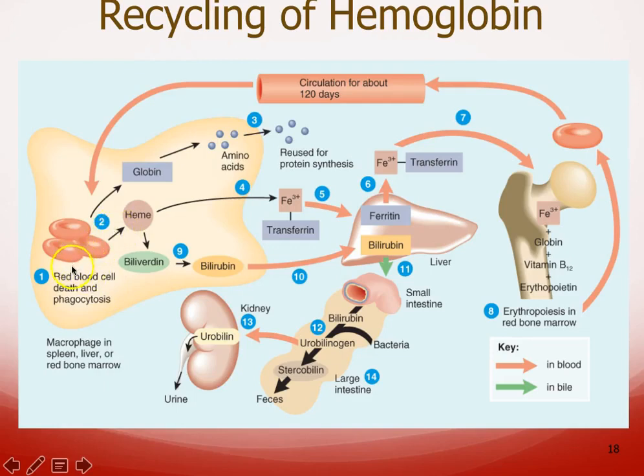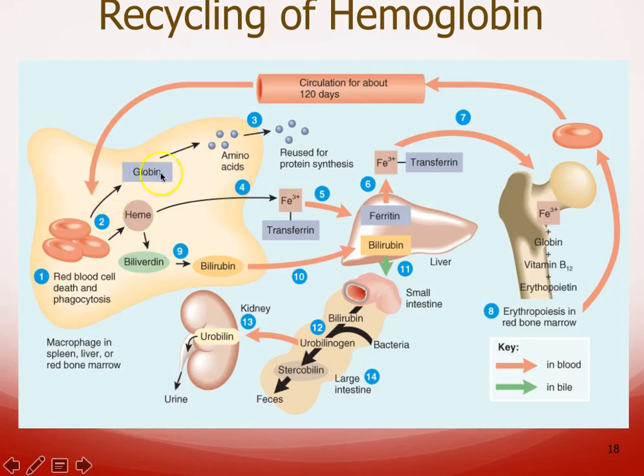So the main part of red blood cells is something called hemoglobin. Okay, so that hemoglobin, and we'll talk a little bit more about it in a second, is going to get split into two. It has two components. There's a globin part and there's a heme part. Now the globin part is simply protein, and the building blocks of proteins are amino acids.